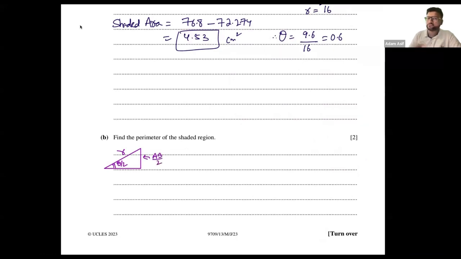The trig ratio that is going to deal with the two sides is sine. Sine of the angle is going to be equal to the opposite side divided by the hypotenuse, and the angle is theta upon 2. So sine of 0.3 is going to be half of AB divided by the radius, that is 16. Solve for AB now.